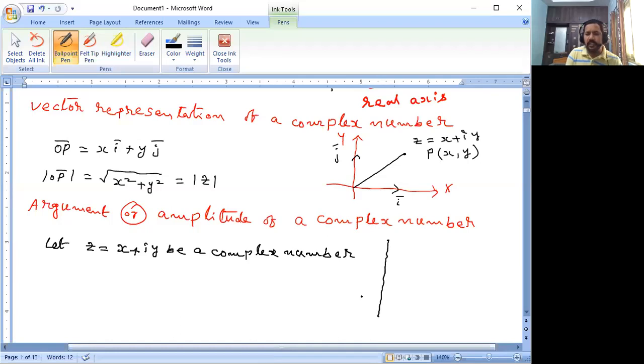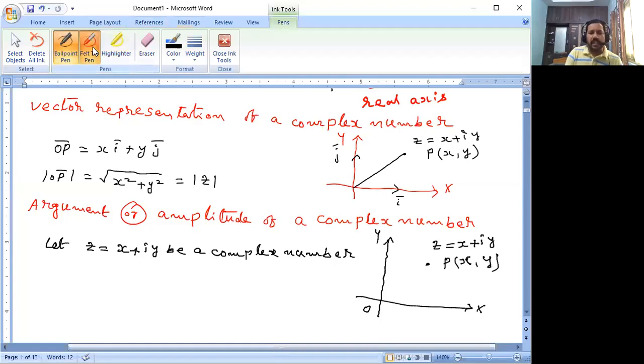This is the coordinate system, x-axis and y-axis. This is the origin. This is the complex number z, x plus iy. This is called the Argand plane, complex plane, or Argand diagram.